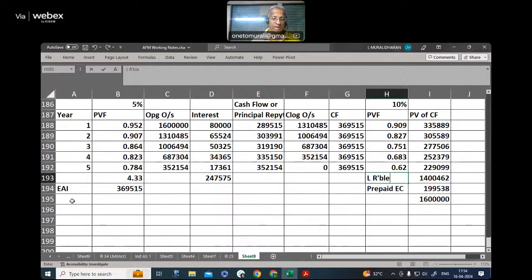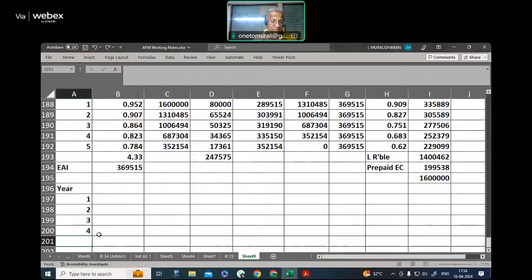Now, see why I am taking that time is that sometimes they may interpret things in that sort of way. Opening outstanding loans receivable is this. Interest income at the rate of 10%. Then cash flow.